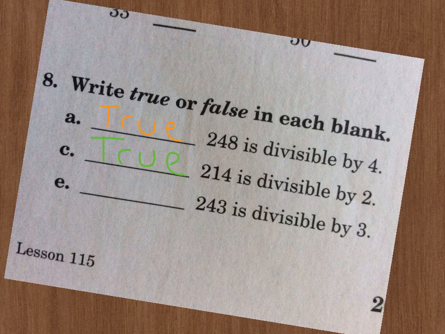So you add up the 2 plus the 4 plus the 3. When I add those up, 2 plus 4 is 6, plus 3 more is 9. Does 3 go into 9 evenly? Yes. So that one is going to be true.